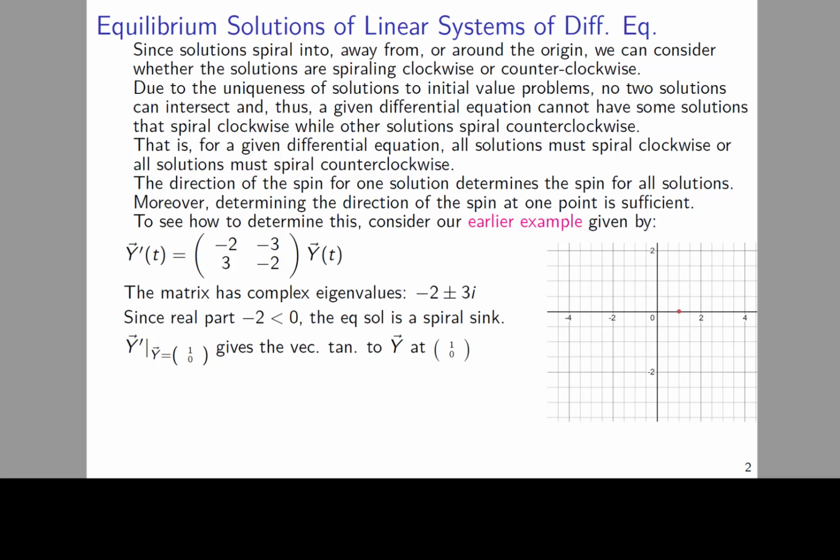So let's look at the point y = (1, 0) and compute y' to know the direction of the tangent vector. I want to note that we can choose any point other than the origin for this.